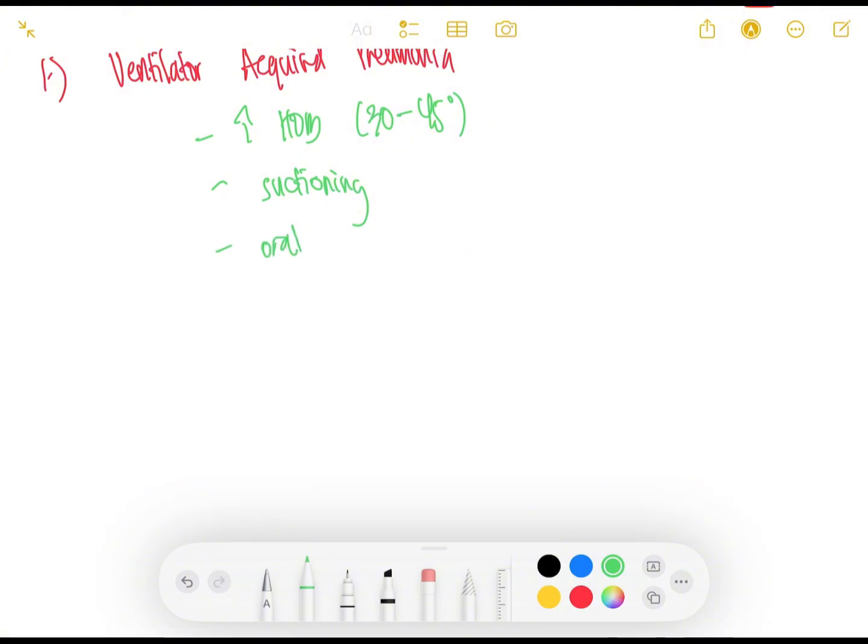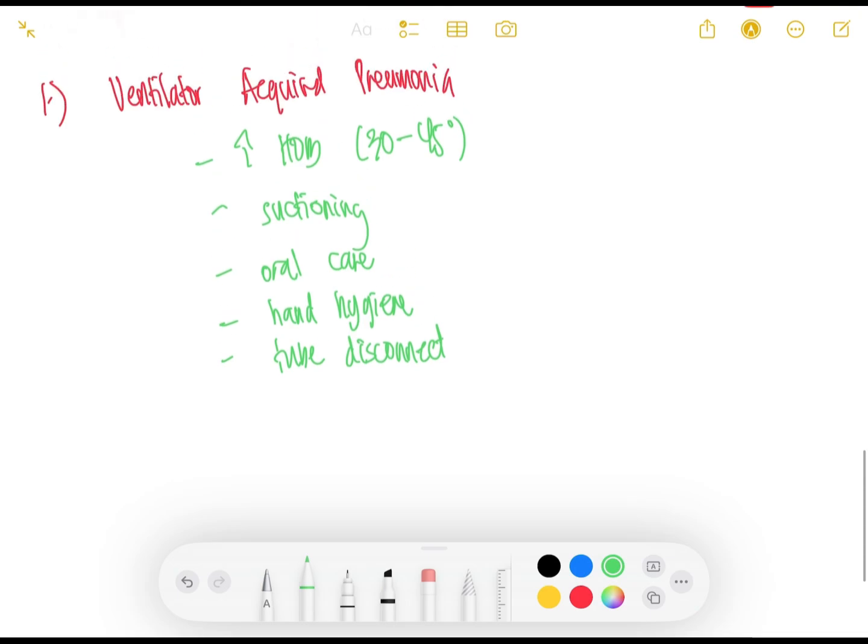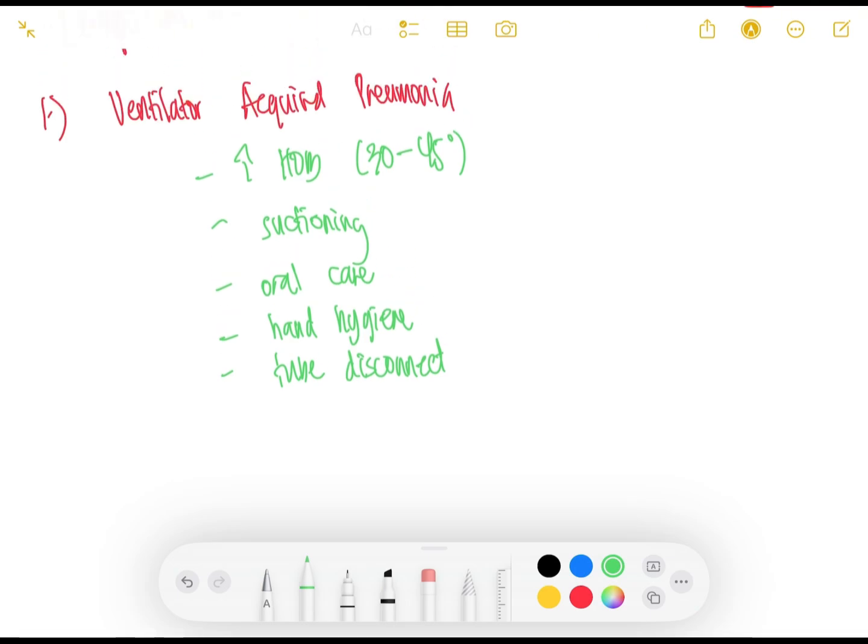Providing oral care to the patient, especially if they are not able to independently provide care for themselves. And then, of course, you have to be hygienic. Hand hygiene. Okay, as healthcare providers handling the patients, and of course, we have to minimize as much as possible tube disconnections. Kasi the more na nadi-disconnect, the higher the risk na makakuha ng microorganisms from the environment. And these microorganisms can cause infection.